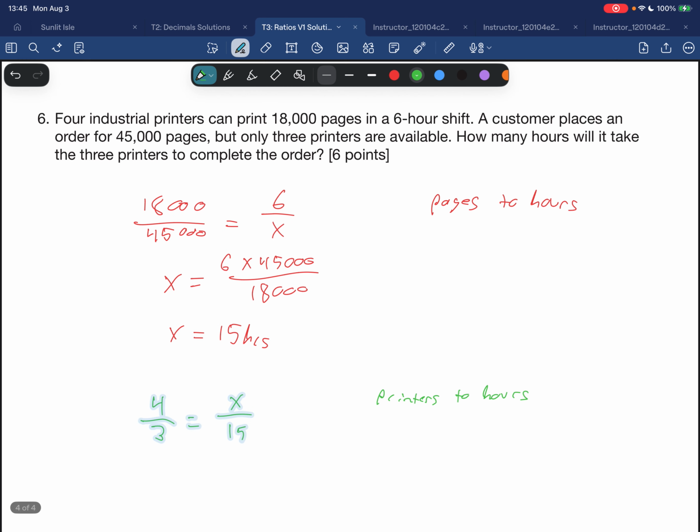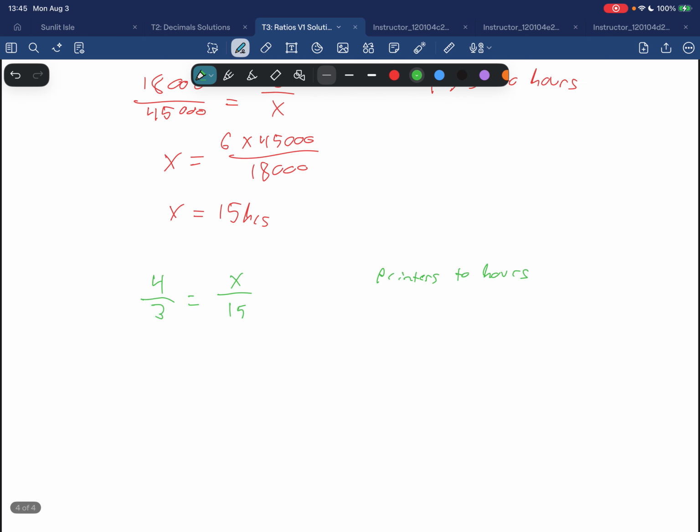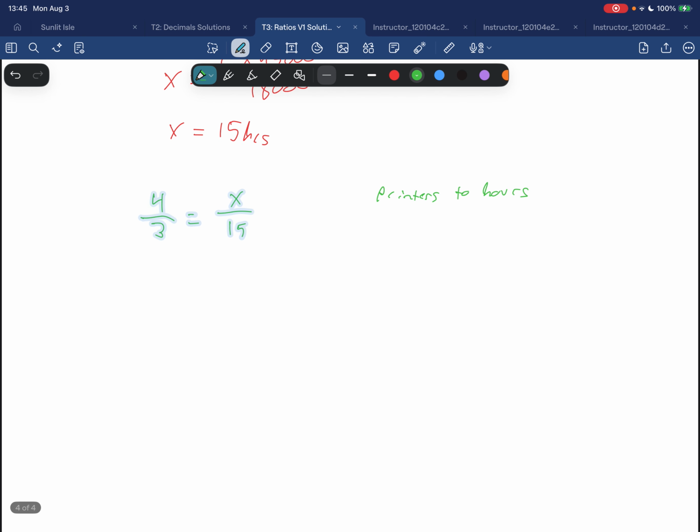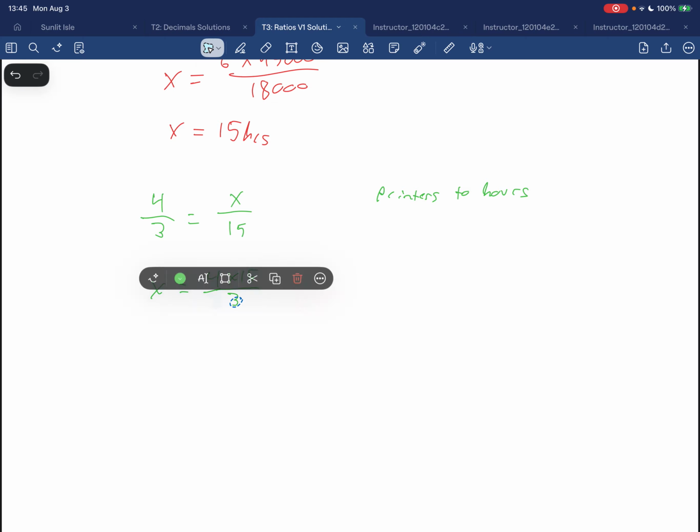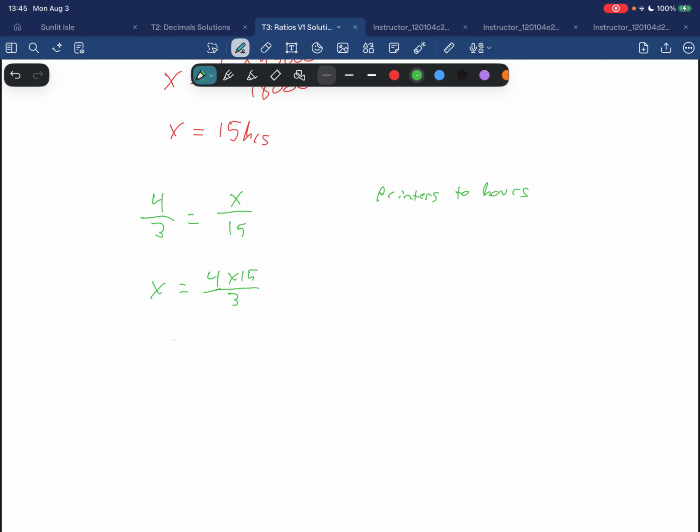So how many hours will it take 3 printers to complete the order? Sweet. So let's go ahead and solve this now. So now I'm going to get x equals 4 over 3. Actually, I'll write this as 4 times 15 over 3 is how we'll write this instead. Punching this in the calculator, x equals 20 hours.